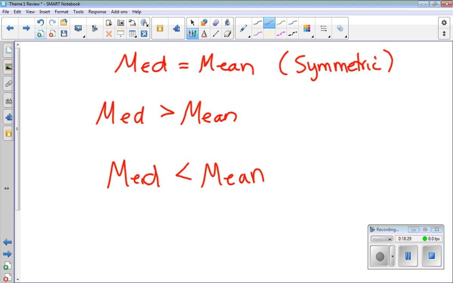The population of NFL salaries, isn't the mean dragged out to the tail? So isn't the mean going to be larger than the median in that case? So what shape would this have? Skew right. So what would it be the other way? Skew left.